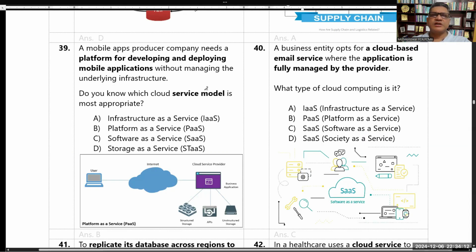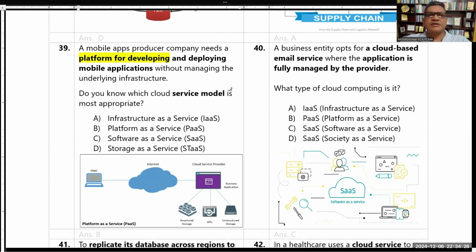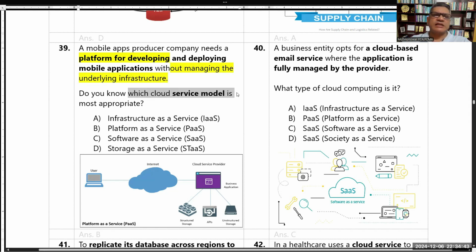A mobile app producer company needs a platform for developing and deploying mobile applications without managing the underlying infrastructure. Which cloud service model is most appropriate? We know the different types of cloud service models: infrastructure as a service, platform as a service, software as a service, storage as a service.